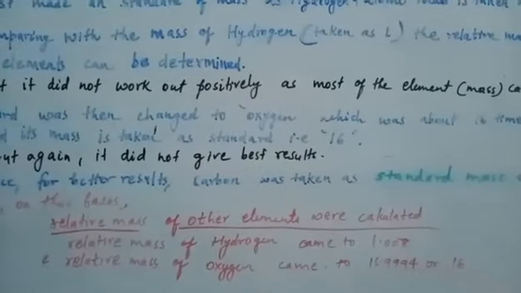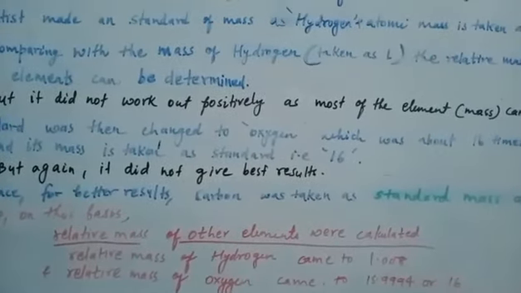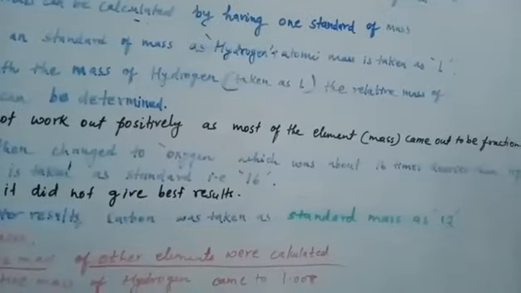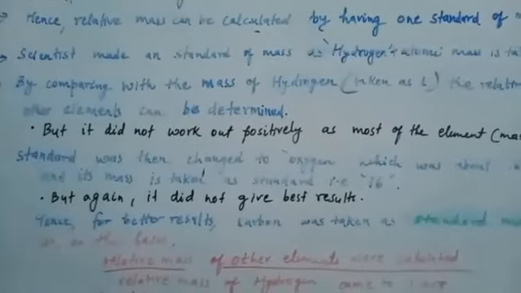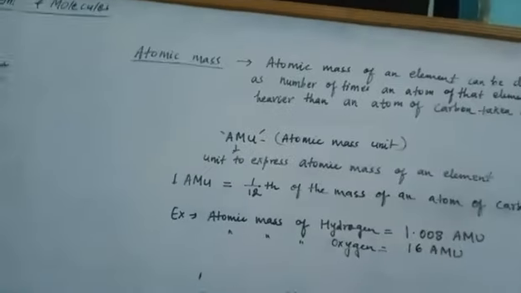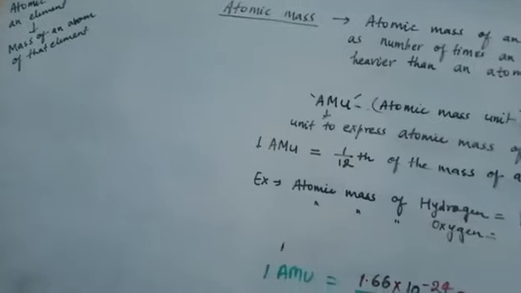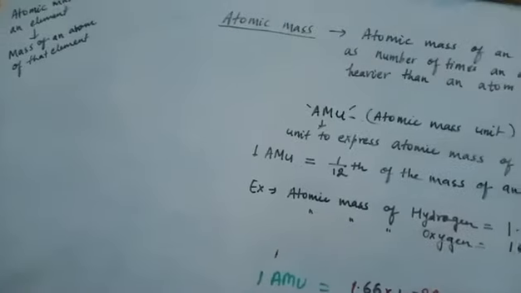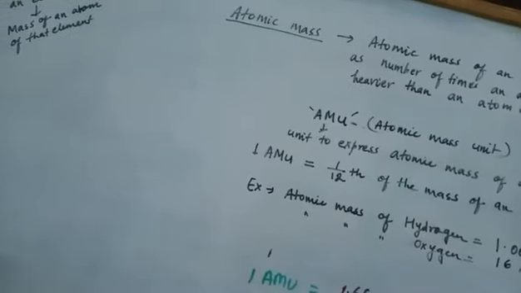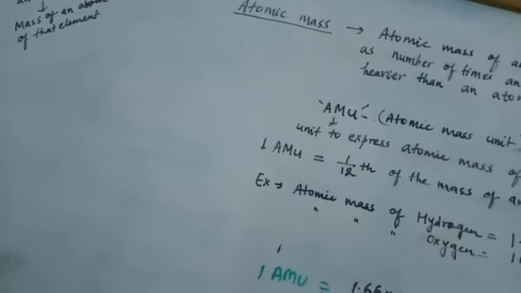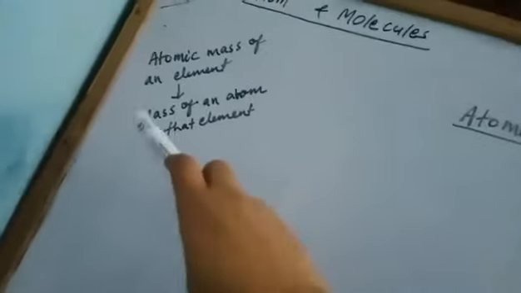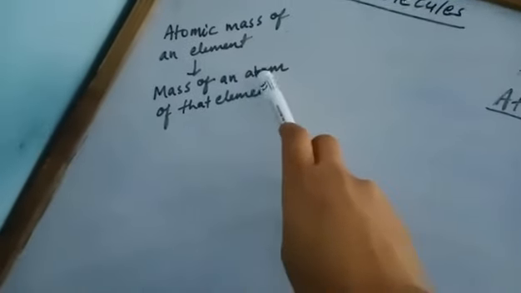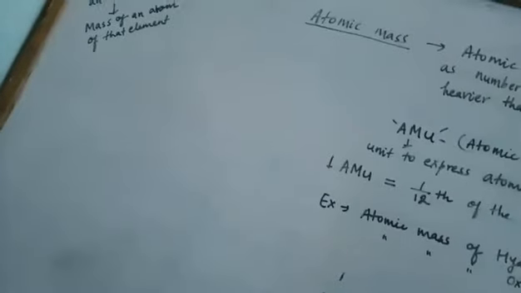So like that they started calculating the mass of different elements by keeping the standard mass as carbon 12. So now we can define atomic mass of any element. Student, you should know that if it is asked to calculate the atomic mass of an element, it is asking the mass of one atom of that element.